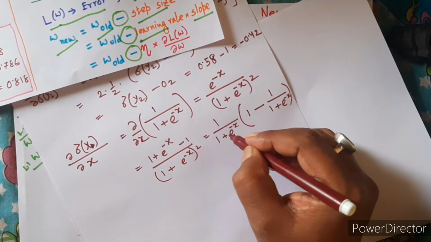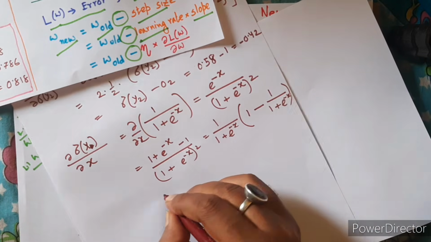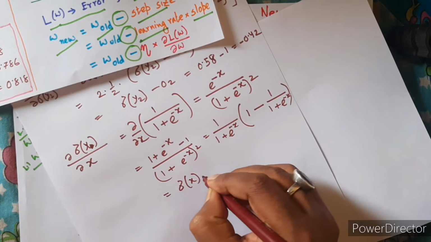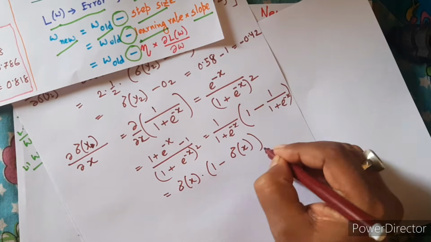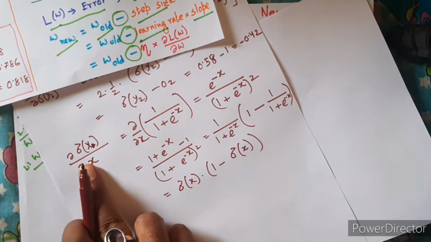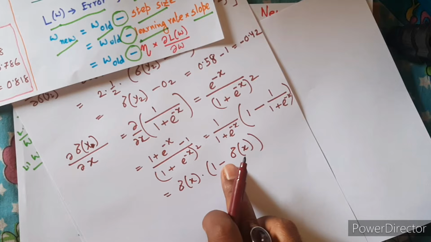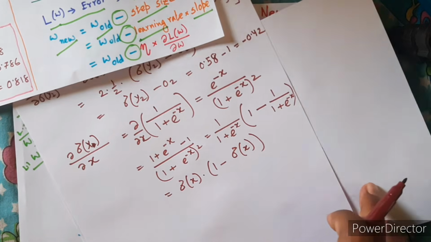So now you know 1 by 1 plus e to the power minus x is again sigma of x, and this is 1 minus sigma of x. So this derivative is actually sigma x into 1 minus sigma of x.